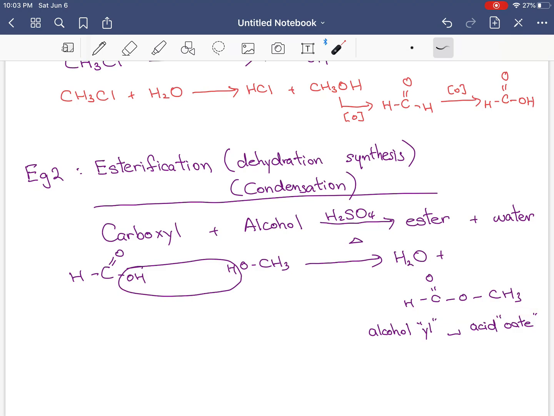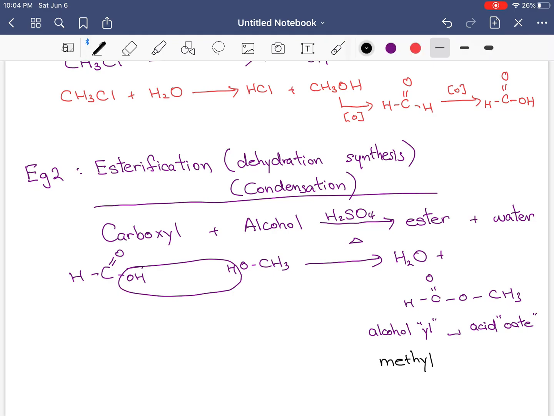So let's try it. So the alcohol portion came from here. That's the alcohol portion, and it was a methanol. So what do we say? We will say this is called methyl, because it's methanol. Now be careful here. No dash. No continuation. I want a clear space, because this space is what defines what an ester is about.